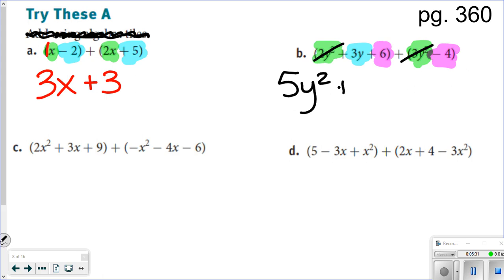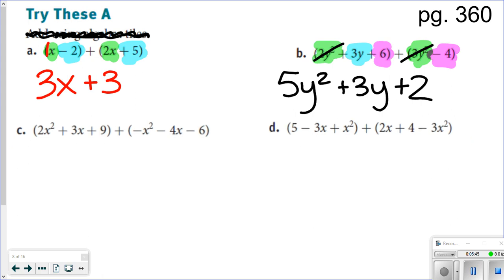Then I have a plus 3y. I cannot combine that with anything. And 6 minus 4 is positive 2. Okay, I want you to pause the video, and I want you to do questions C and D on your own.